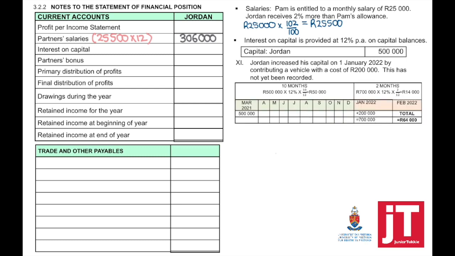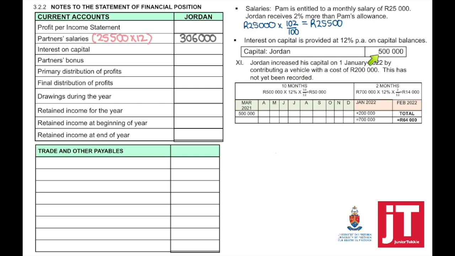This is very important to understand because interest must be calculated on the capital balances. But now there was movement during this accounting period. So I cannot just take the 500,000 and calculate 12% per annum on that. An additional vehicle was contributed with a cost of 200,000. This has not yet been recorded.